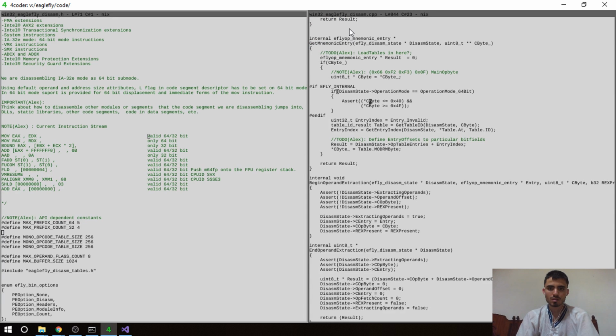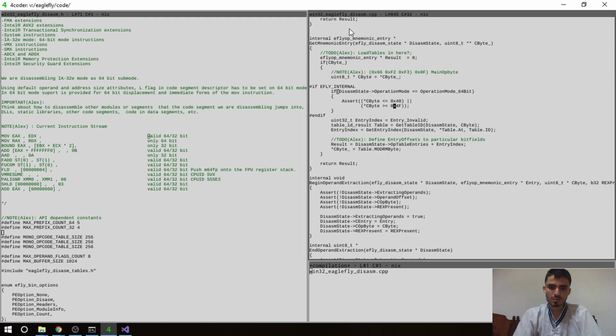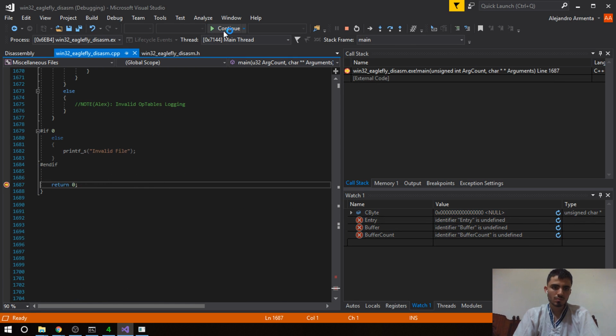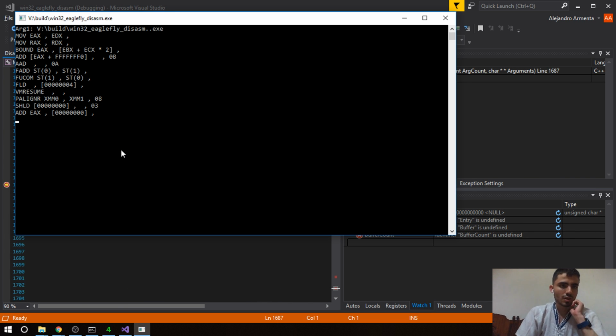Yeah, here. So this is or. So we have RAX, the same stuff, but the shift, it's missing some data there, yeah.